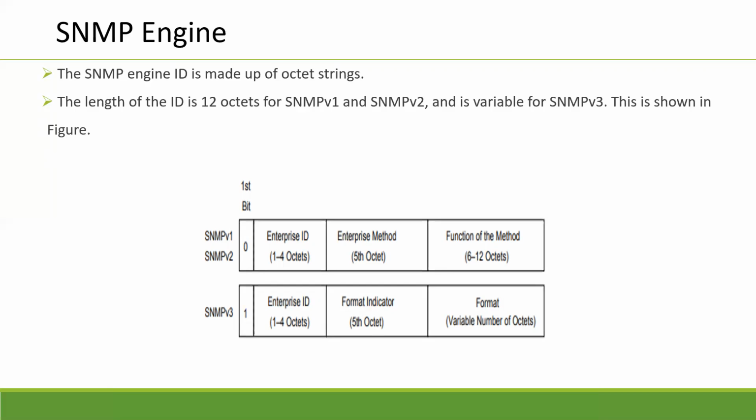From the diagram you can understand that the first 4 octets in both formats are set to the binary equivalent of the agent's SNMP management private enterprise number. The first bit of the first 4 octets is set to 1 for version 3 and 0 for earlier versions.